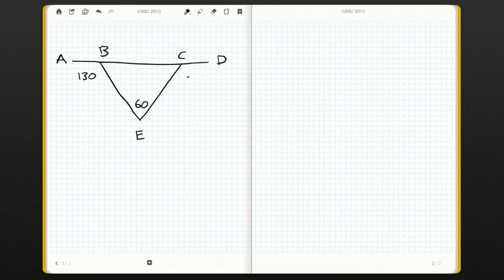We want x. Okay. So the first thing I notice is B lies on the line AD. So this angle here, 130 degrees, and this internal angle here, EBC, they're going to be complementary angles. So what does that mean? That means that they have to add up to 180 degrees.